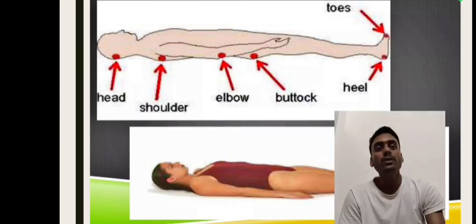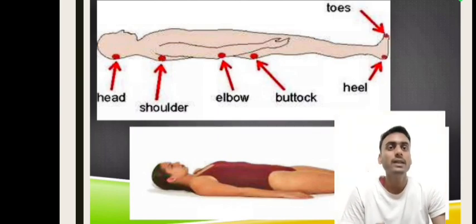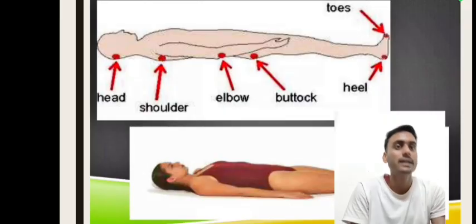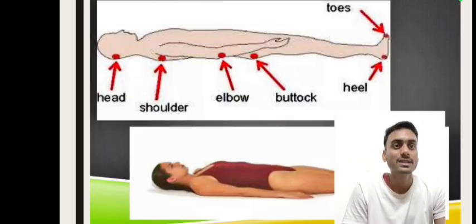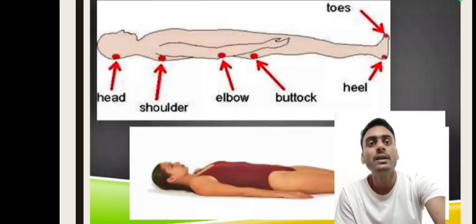If you lie down for a long time, you feel some pressure in these areas. It can cause a stoppage of circulation, so it may cause a bed sore or pressure sore. So this is the supine position.